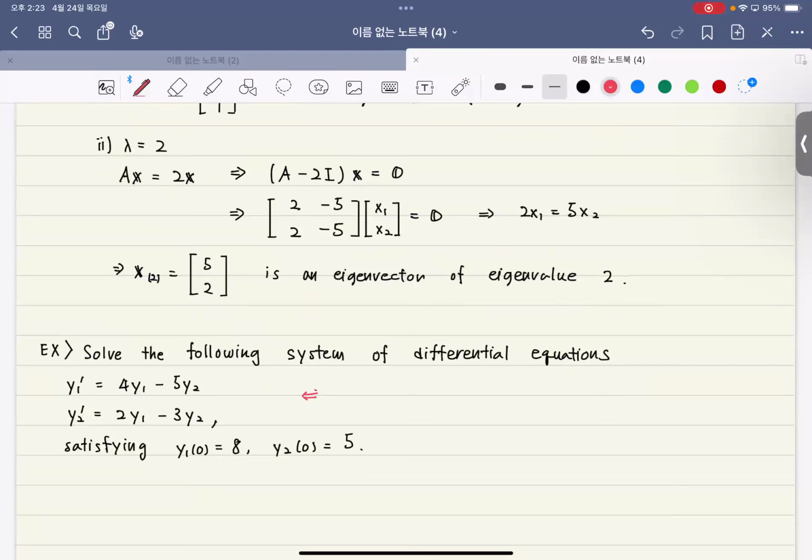Shall I change this in terms of matrices? So y1 derivative, y2 derivative is the matrix 4, minus 5, 2, minus 3 times y1 and y2.